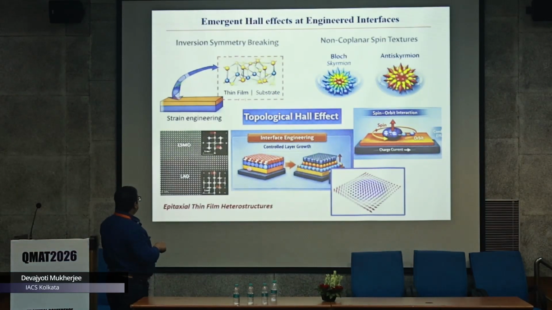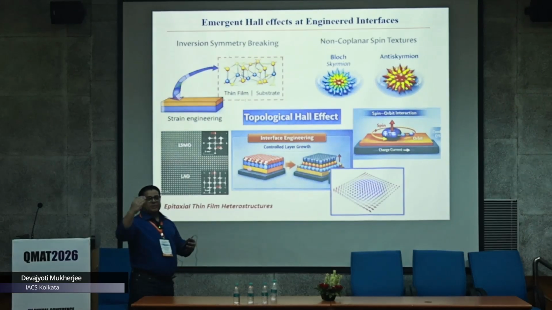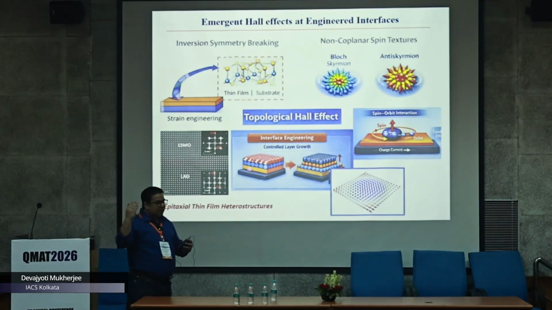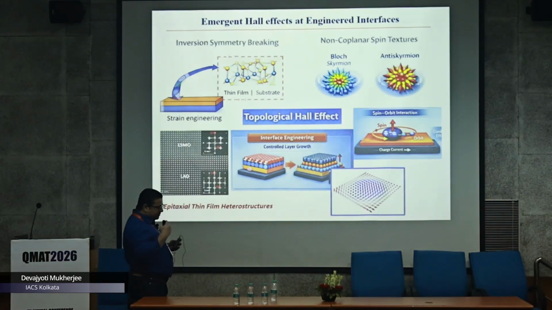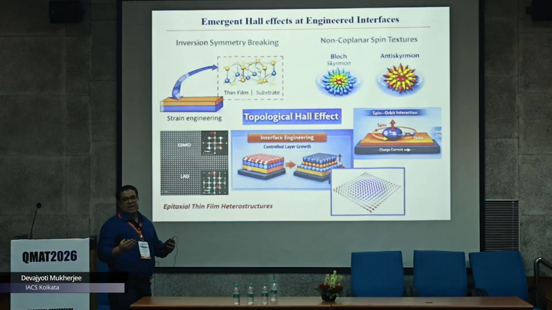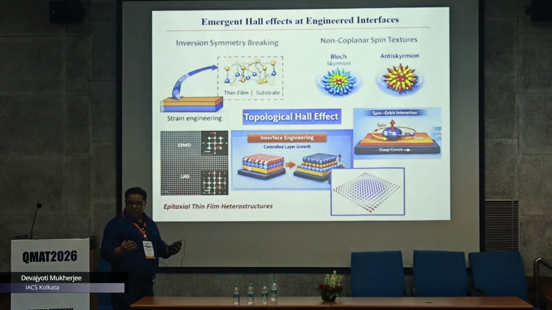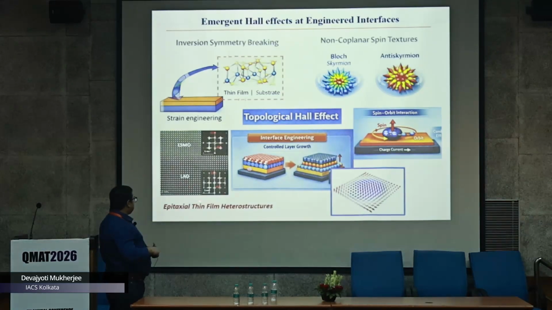So at the bottom it is observing the substrate, but on top it is, for example, air. So its symmetry is already broken. So using thin film engineering or thin film growth, we can achieve such kind of non-coplanar spins and also topological Hall effect. One of the techniques that we specialize is in the growth of epitaxial thin films.